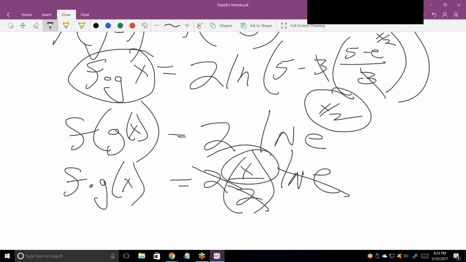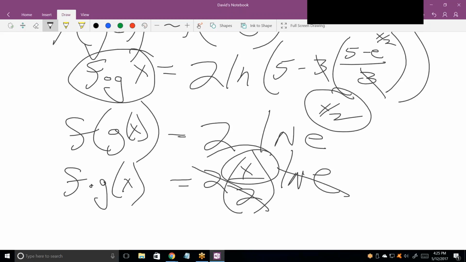But in all honesty, I have never come across a function where f of g of x is equal to x and g of f of x is not. So once you prove that one is equal to x, you're kind of done. You've proved that f and g are inverses of one another.